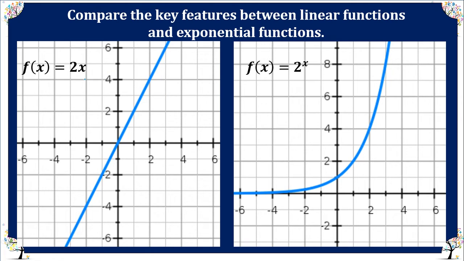Okay, let's just take a look at our linear function, f of x equals 2x, and then we have our exponential function, f of x equals 2 raised to the x. So remember, we typically write linear equations in slope-intercept form, y equals mx plus b.